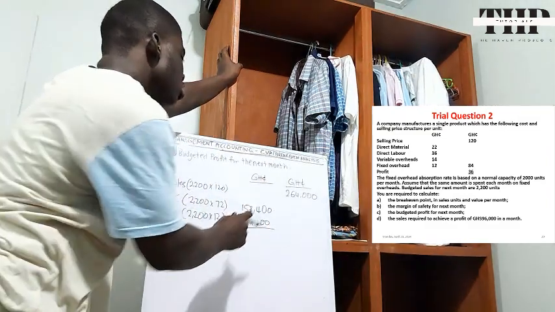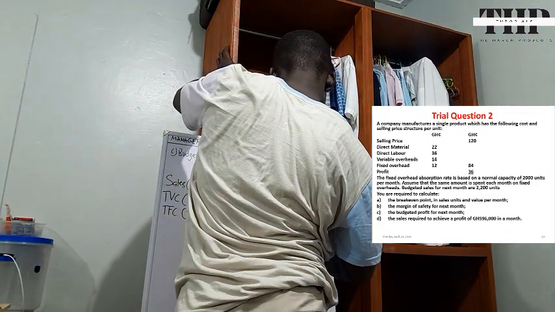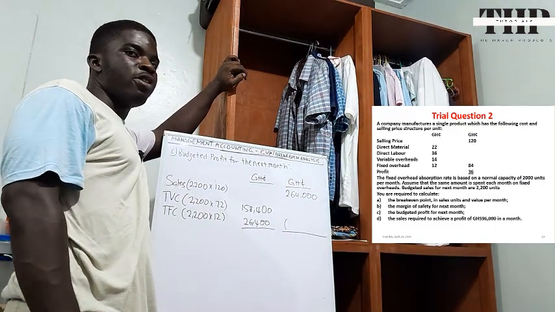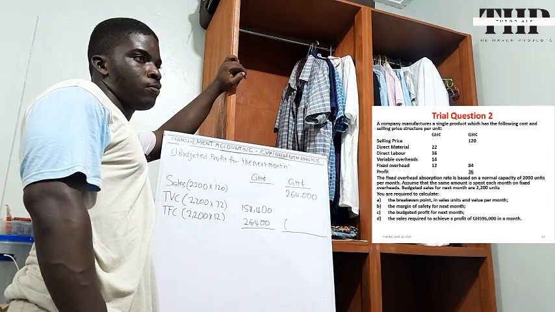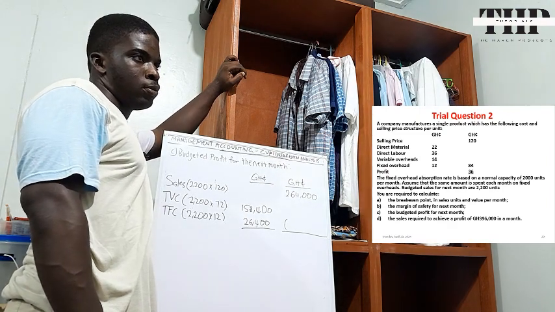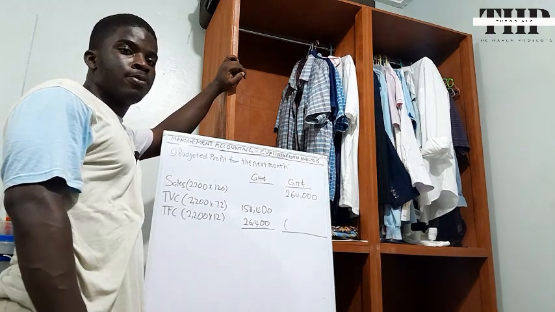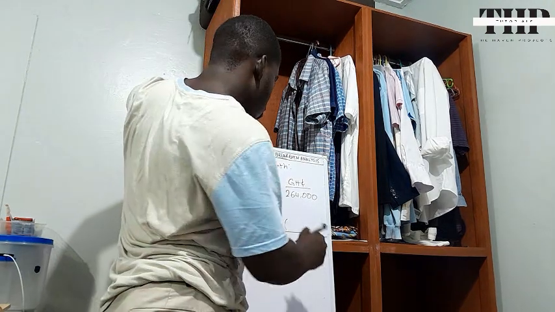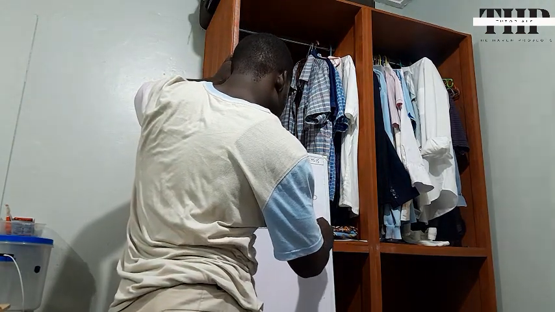So what is this? 158,400 plus 26,400 is 184,800.